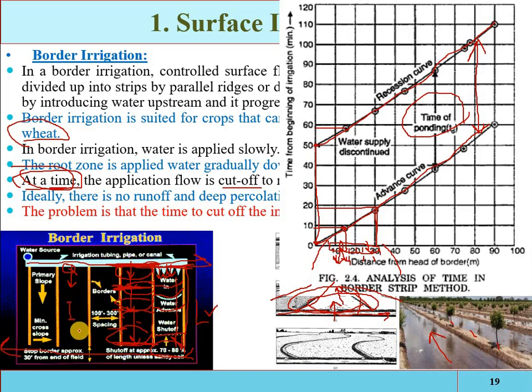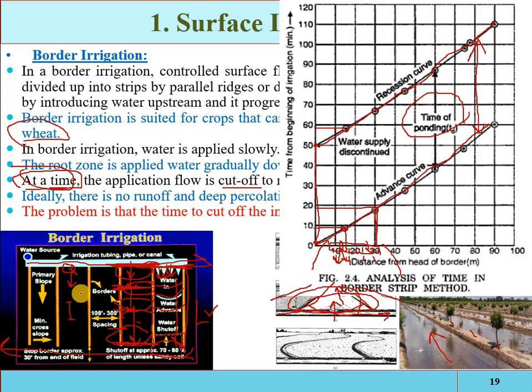High runoff will occur. However, if a small stream is applied to a unit area of high infiltration rate, then what will happen? Deep percolation will occur. So we have to control the rate of flow according to the infiltration rate of the soil.